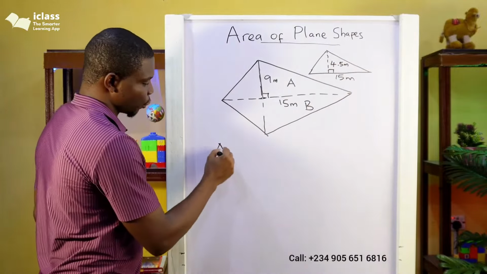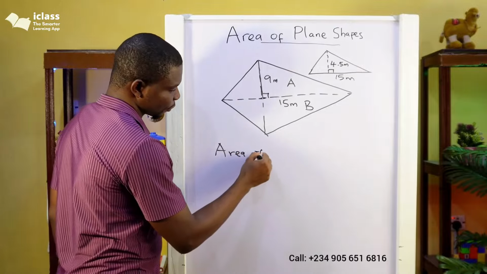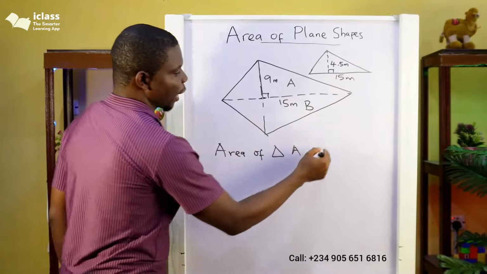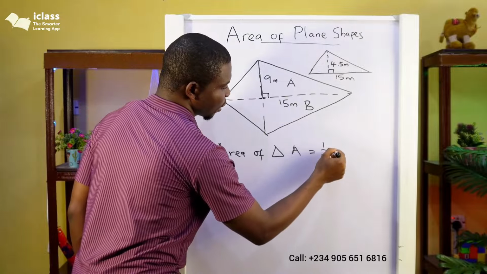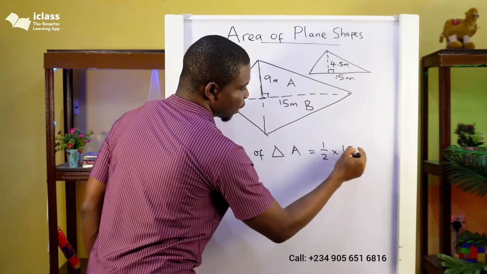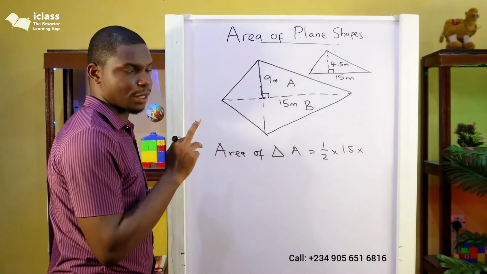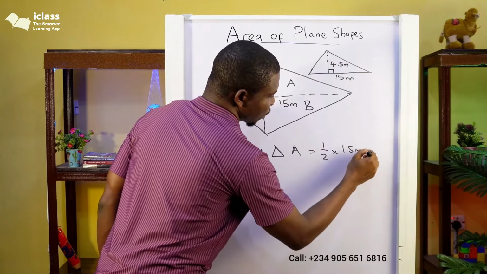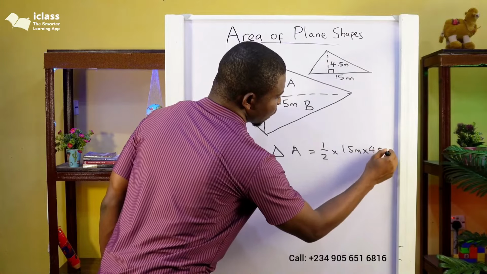So the area of triangle A is equal to half base, the base is 15, times the height, 4.5. Let me write meters times 4.5 meters.